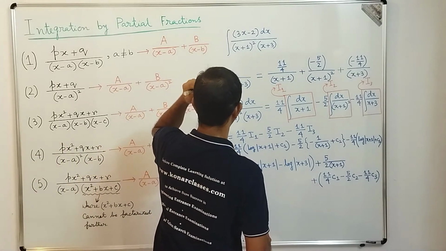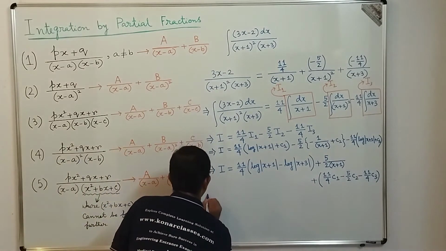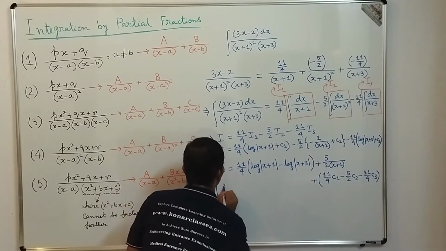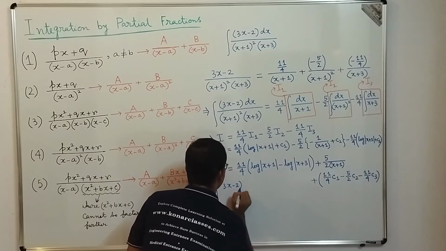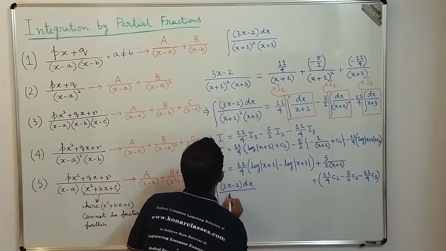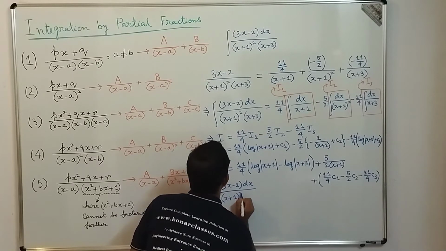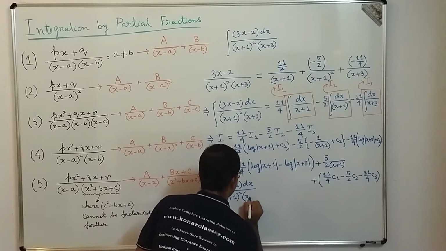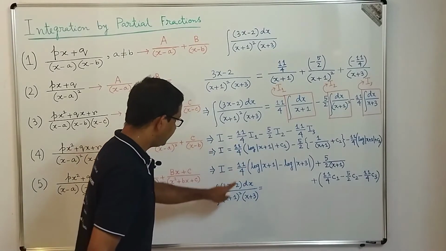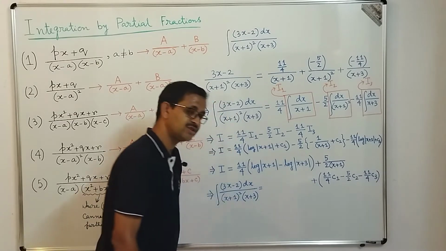Integration of 3x minus 2 by x plus 1 whole square into x plus 3. So that implies what we are going to get, dear students: integration 3x minus 2 dx divided by x plus 1 whole square into x plus 3 is equal to 11 by 4 log of mod x plus 1 minus log mod x plus 3.